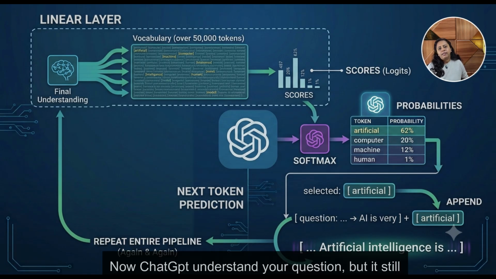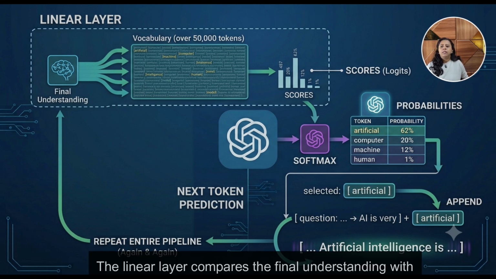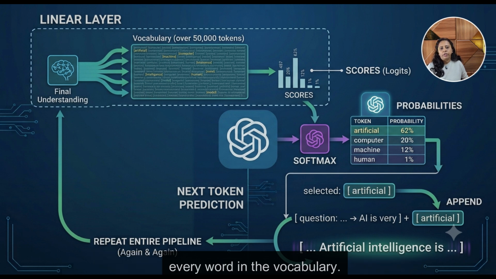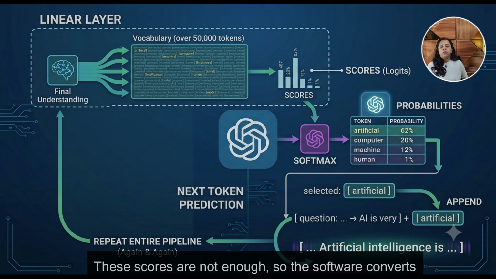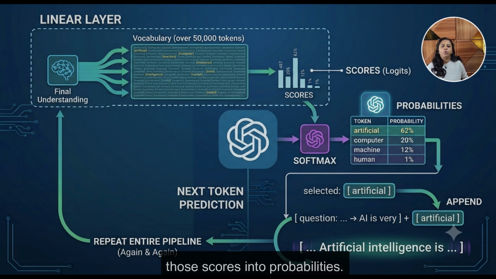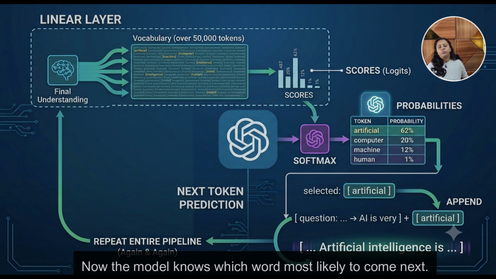Now, ChatGPT understands your question, but it still hasn't generated a response. The linear layer compares the final understanding with every word in the vocabulary. It gives every possible token a score. These scores are not enough, so the softmax converts those scores into probabilities. Now the model knows which word is most likely to come next.